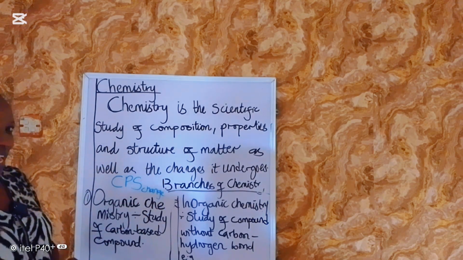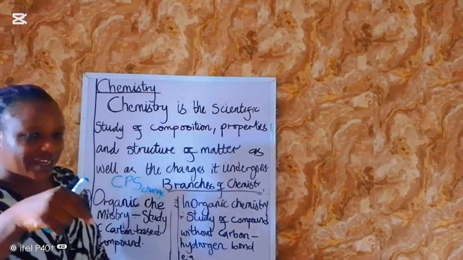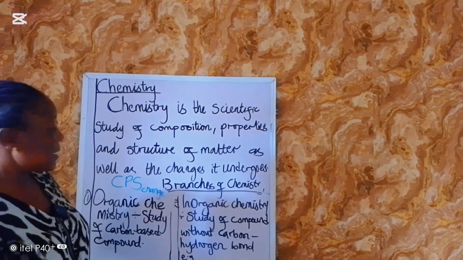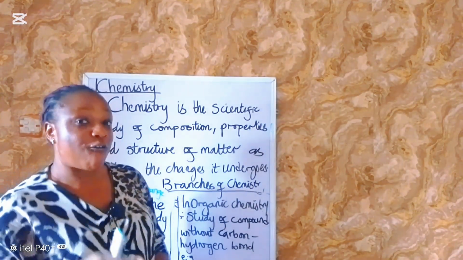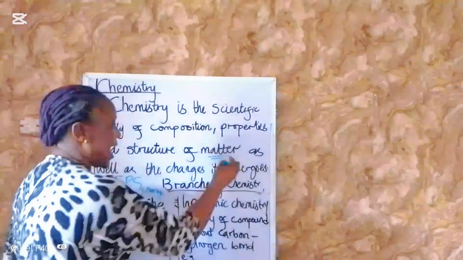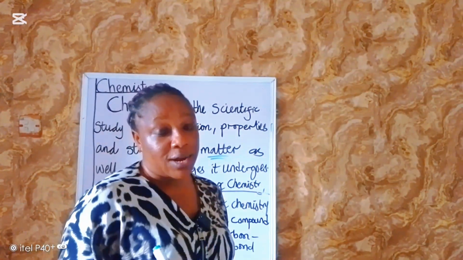With that, we can say that chemistry is the scientific study of composition, properties, and structure of matter. Matter is the key word. Of matter, as well as the changes it undergoes.